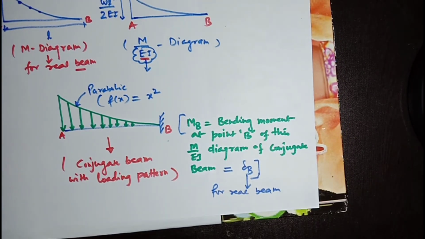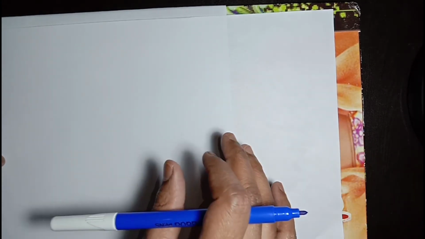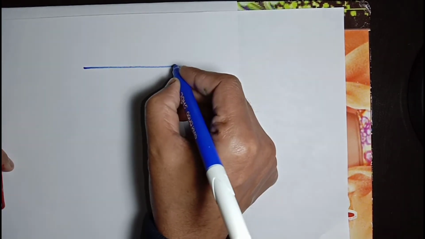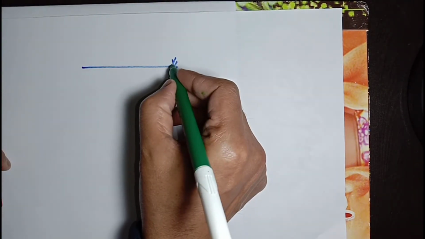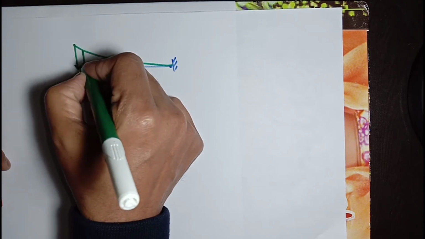Okay, now our main focus is to find MB for a conjugate beam. Now we have developed the conjugate beam with its loading pattern. Conjugate beam is this one, this is fixed, this is free end, and this is our loading pattern.